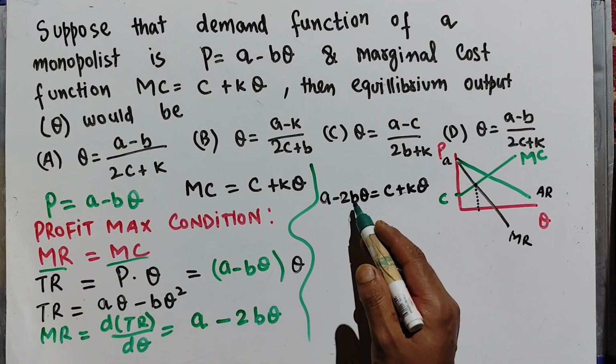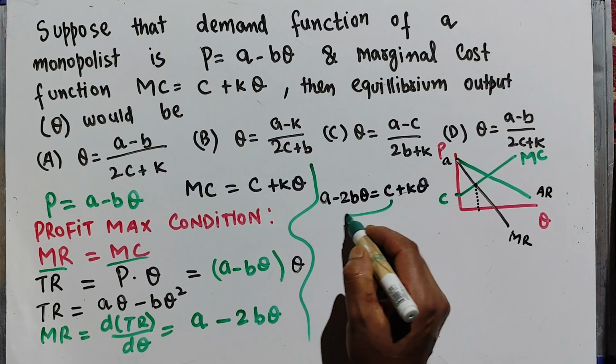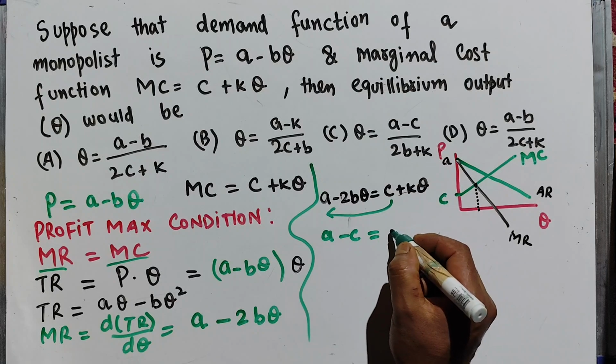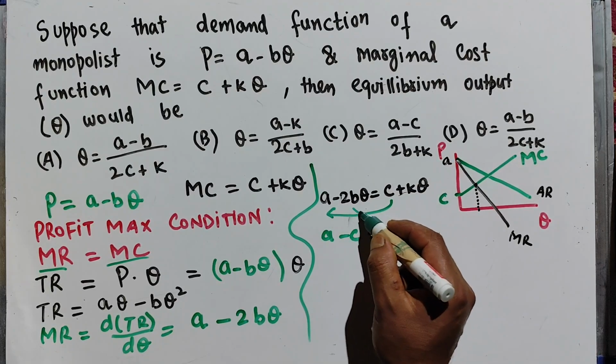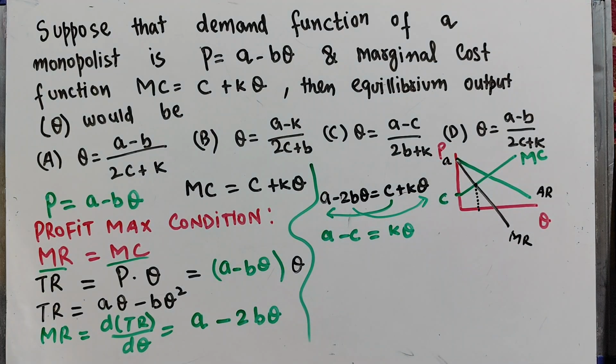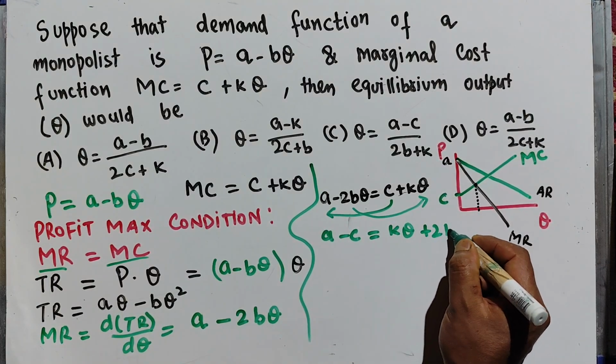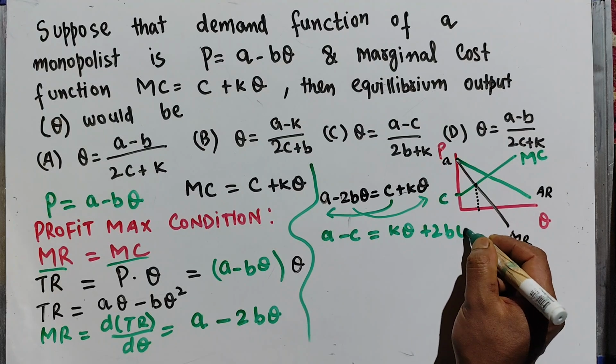So transposing this C, it gets subtracted, we get A minus C is equal to KQ, and if I transpose the twice BQ, it becomes plus twice BQ.